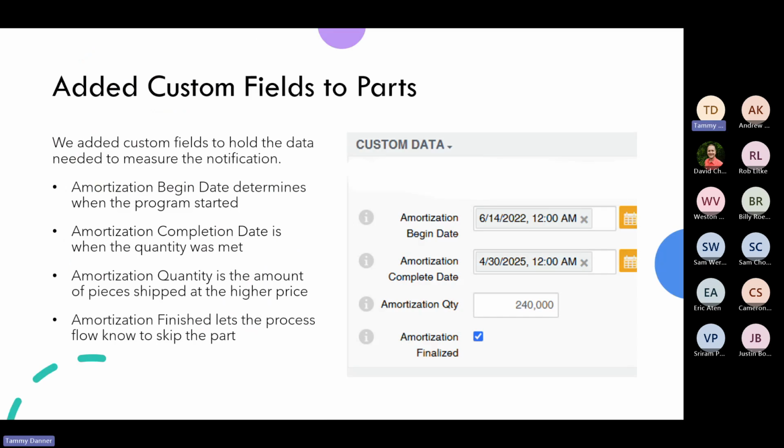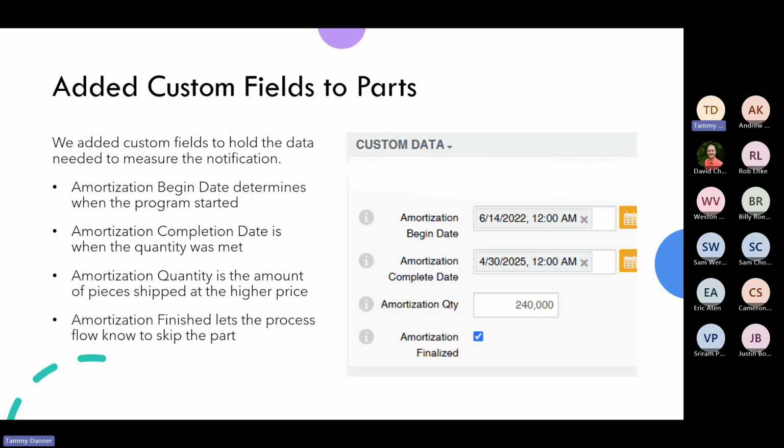So to do that, I needed to keep track of some data to be able to put this process flow together. So I added some custom fields to our parts. I needed to know when this amortization began, basically for comparison sakes. Is this part number under amortization?